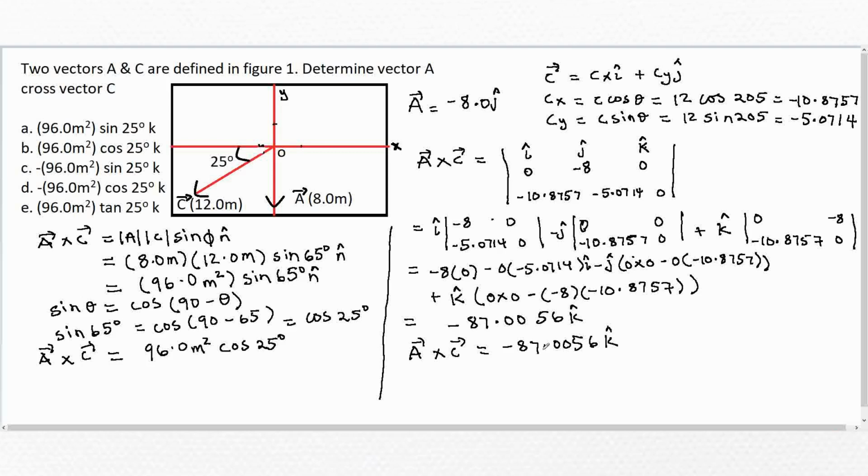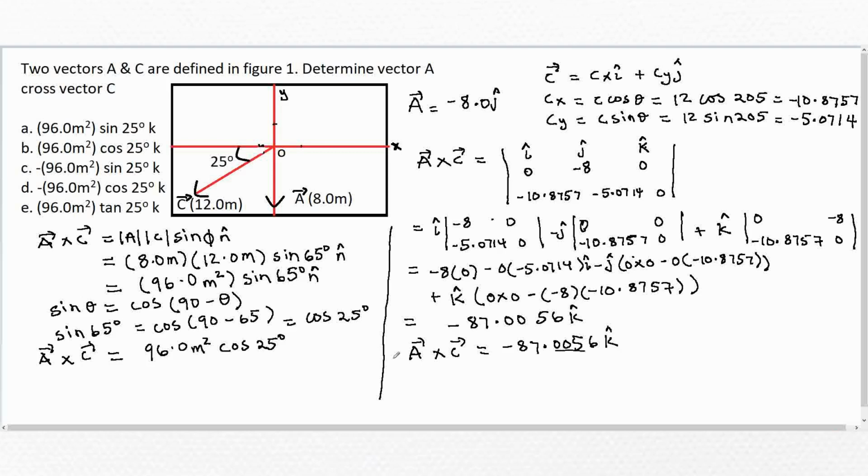The magnitude is always positive, but the direction is negative k hat.